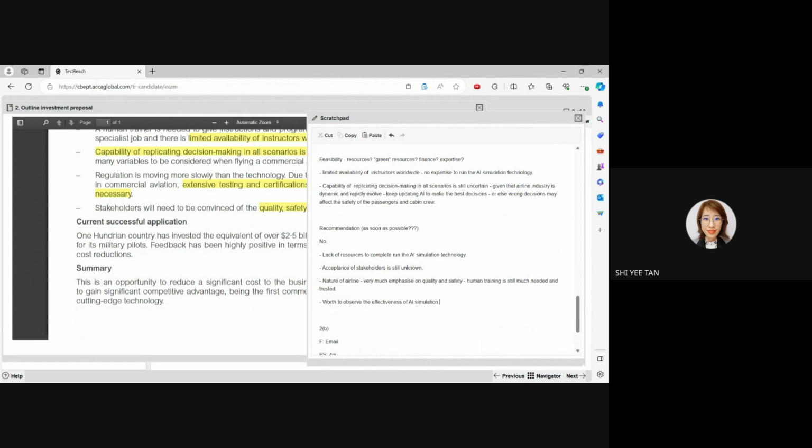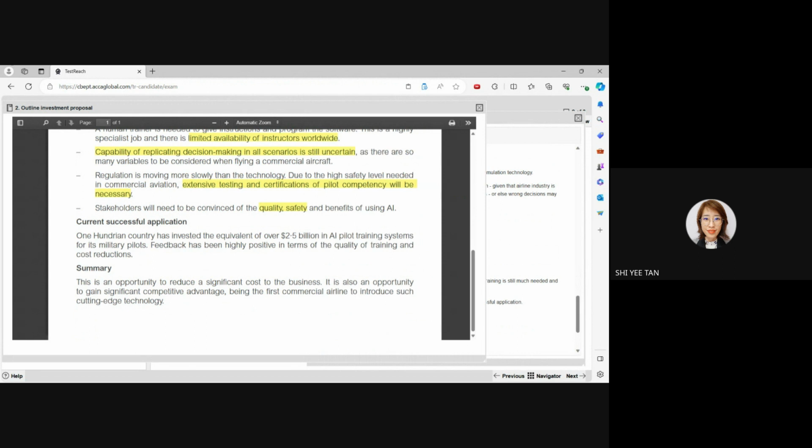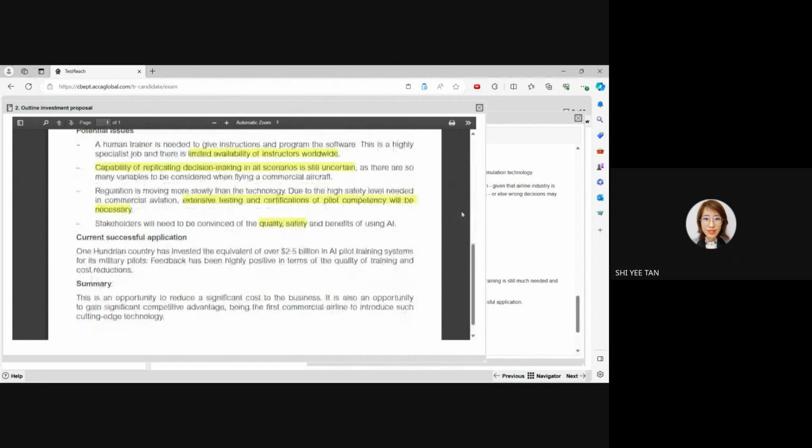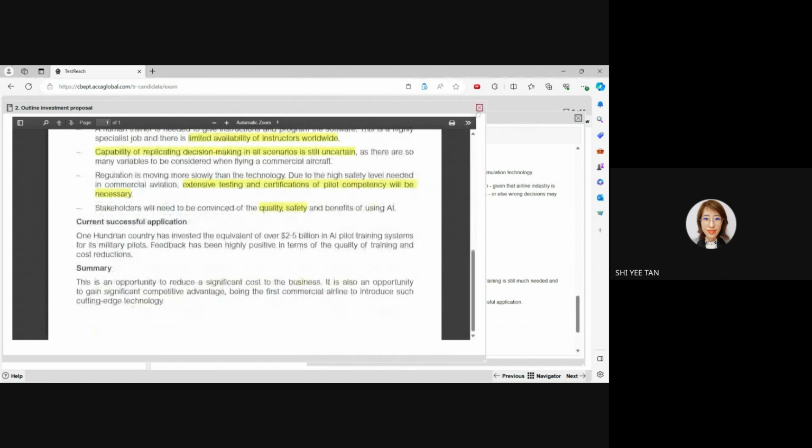Observe the competitor. And given that only one country has actually invested, and the rest don't have, we have limited data and limited information to see whether it is workable or not.